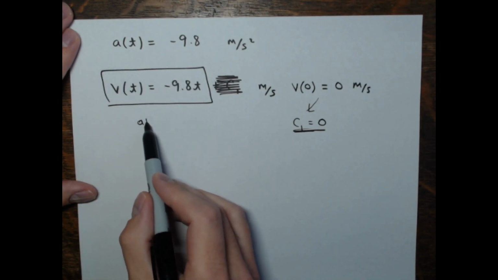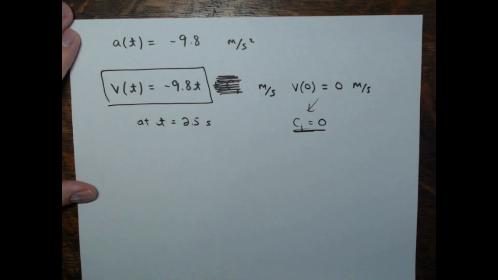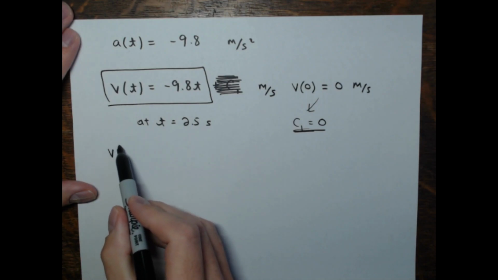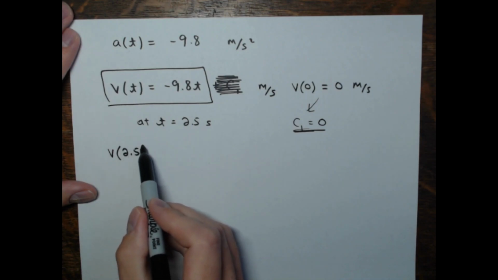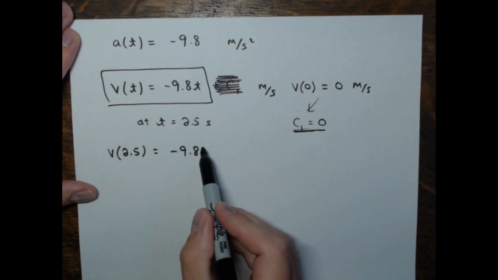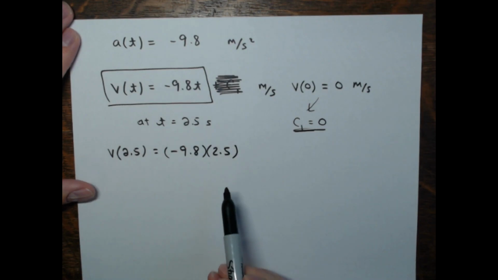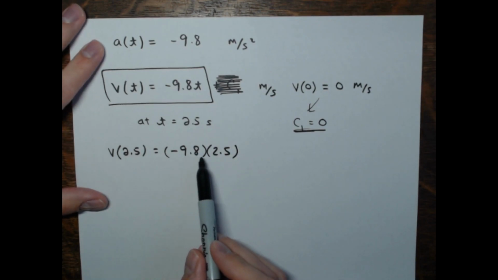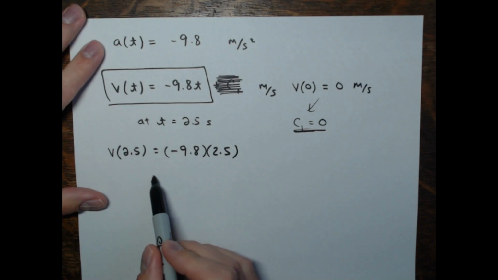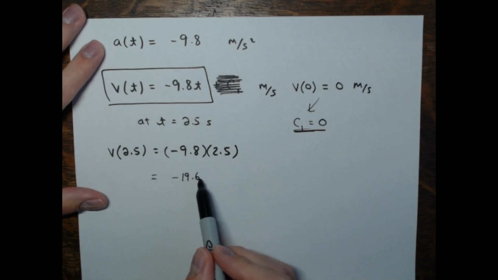And then they're asking us, what's the velocity at 2.5 seconds? Right, 2.5 seconds. So the velocity at 2.5 seconds is negative 9.8 times 2.5. Now negative 9.8 times 2 would be negative 19.6.